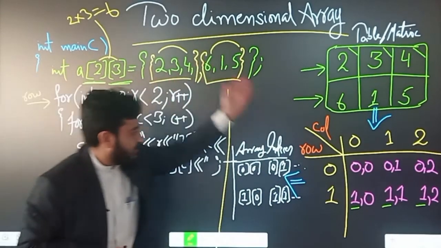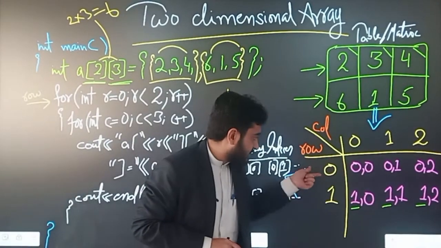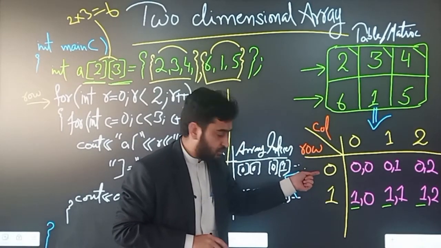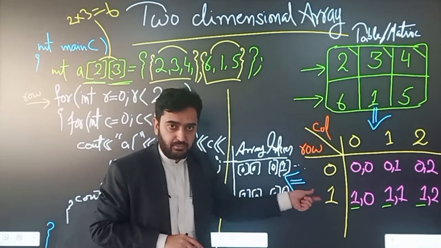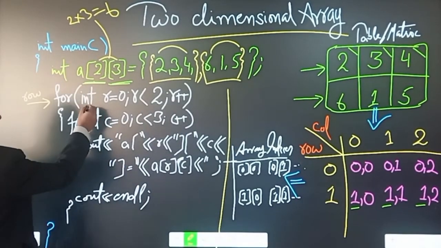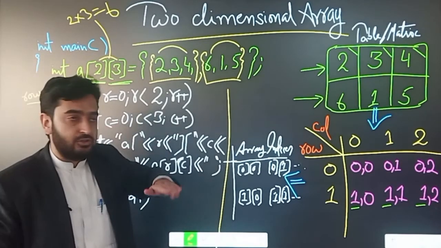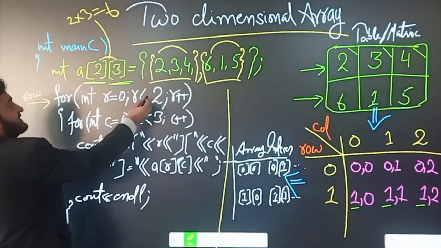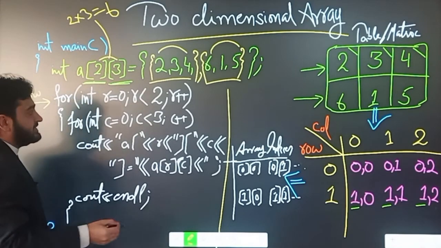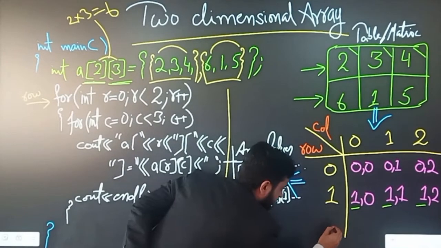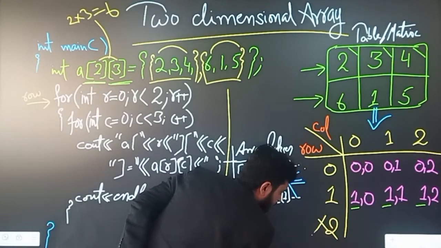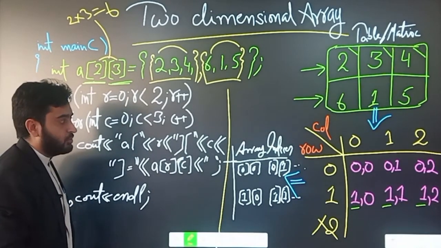Here you can see that we have index number 0 for the first row, and for the second row we have index number 1. Therefore we have started r initialized with 0, so this loop will start from 0. And r is less than 2, what does it mean? That we are not approaching 2.